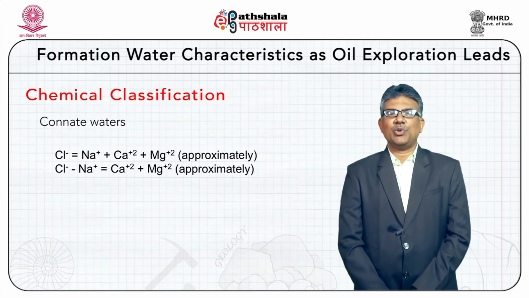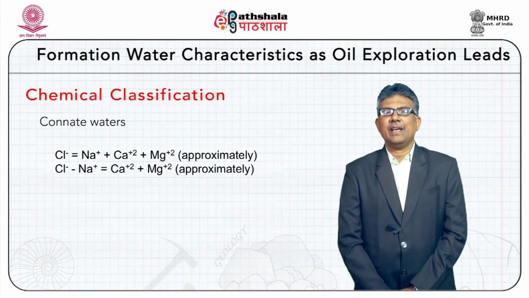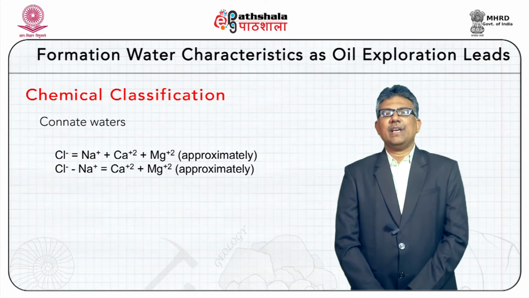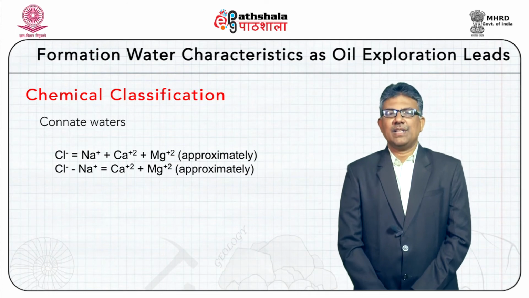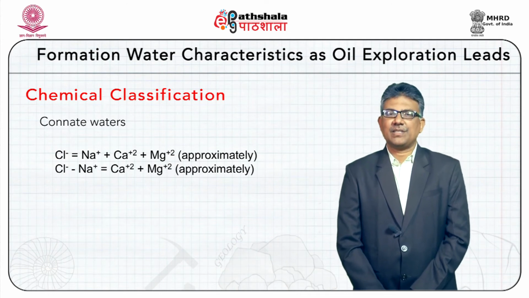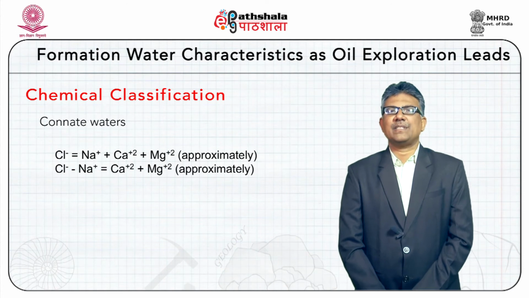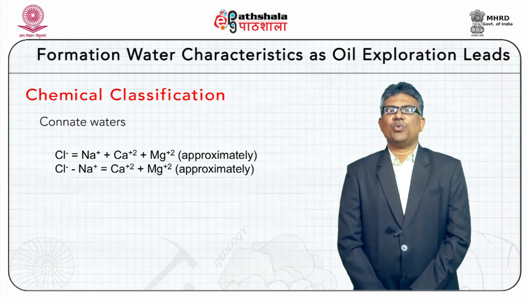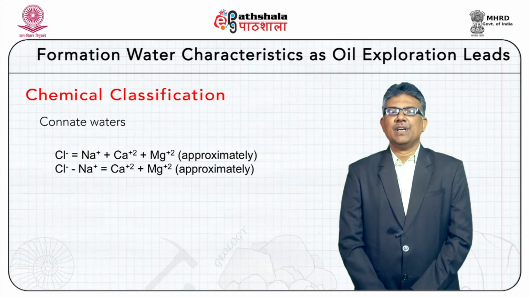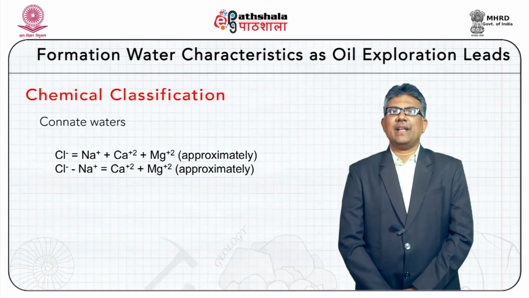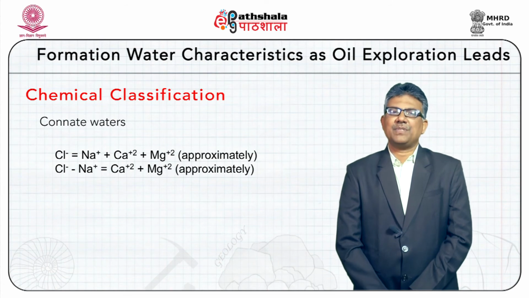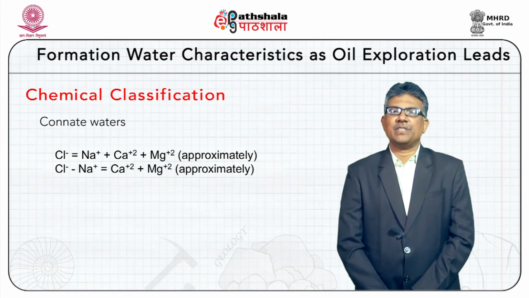And hence the ratio, that is Cl minus Na divided by Mg, if it is less than 1, then the water is classified as type C, that is chloride magnesium. In contrast, if the value of Cl minus Na by Mg comes more than 1, then it is type D, that is chloride calcium. However, in both type C and type D, the Na by Cl value always remains less than 1, as we have seen in the meteoric water that it always remains more than 1.